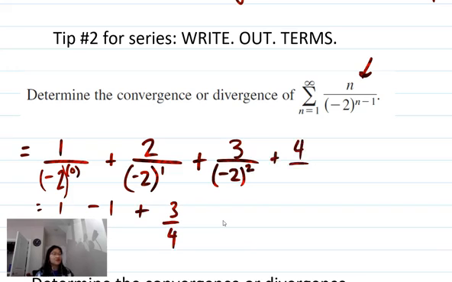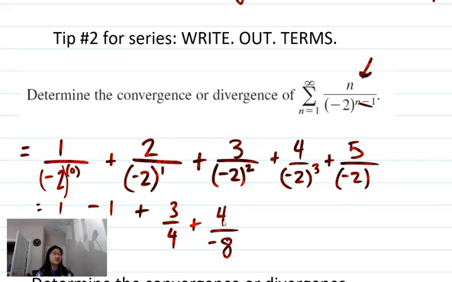Plus 4 over negative 2 to the 4 minus 1 is 3, so plus 4 over negative 8. Plus 5 over negative 2 to the 5 minus 1 is 4, that's 16, so plus 5 over 16. All right, so we wrote out some terms. Great. And then plus so on.